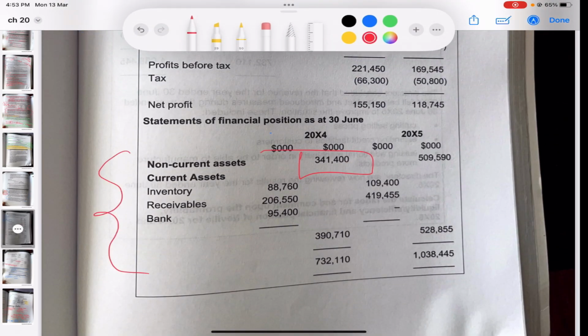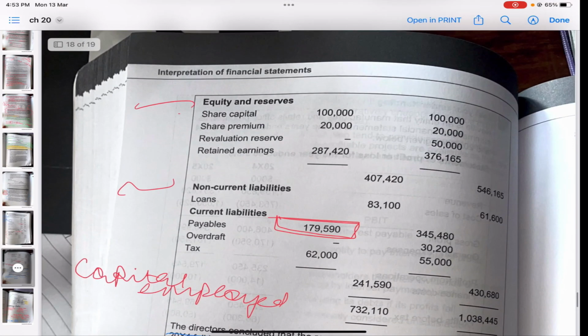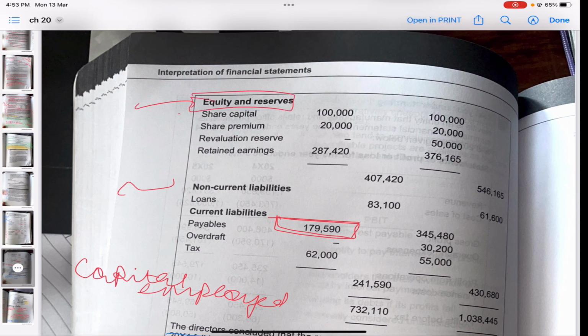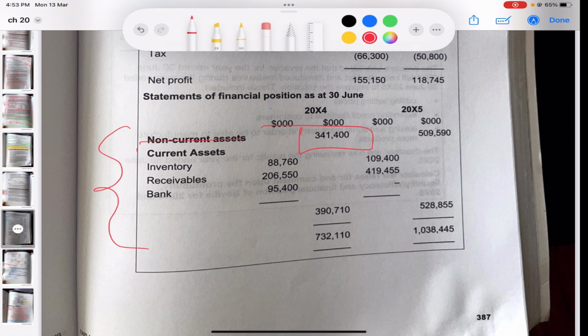We are adding the entire non-current assets, 341,400 plus current assets also we are adding, 390,710.